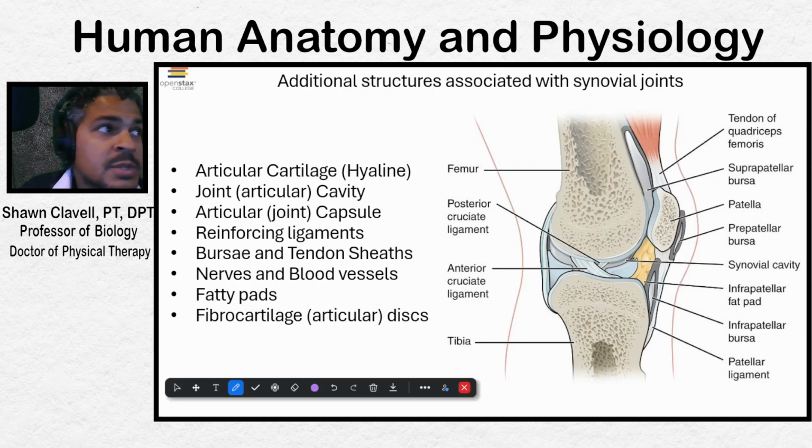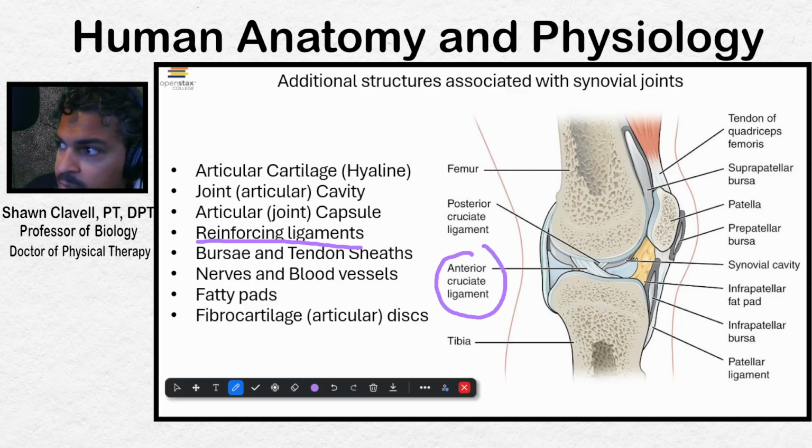What you'll also see is, we're talking about these reinforcing ligaments. The reinforcing ligaments are going to be ones like your anterior cruciate ligament and your posterior cruciate ligament. These start from the intercondylar eminence of the tibia and go into the intercondylar fossa of the femur, and so these ligaments hold those bones together.